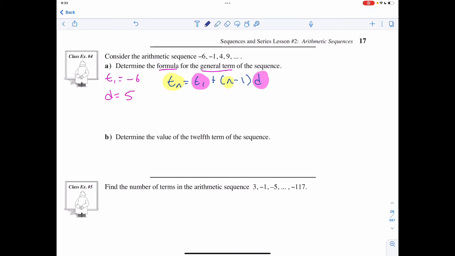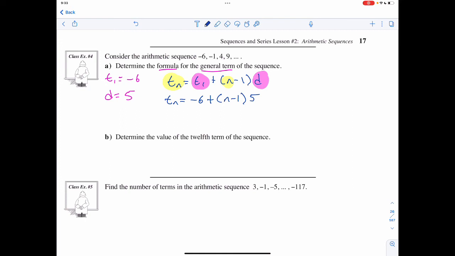So those I can plug into my formula to state that Tn is equal to -6 plus n minus 1 times my common difference of 5.